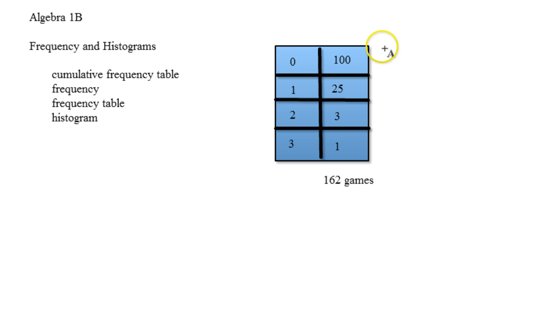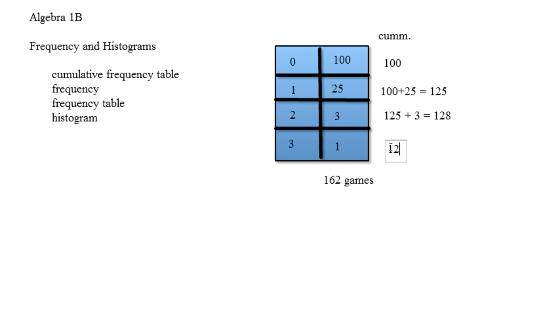Now, a cumulative frequency table, although probably not used in this situation because it's going to be really weird, would have your frequency table all set up, but then have the cumulative column over here. The cumulative is just all the numbers below it added with the next number. So this would be 125 in this category. This one would be 125 plus 3, which equals 128.